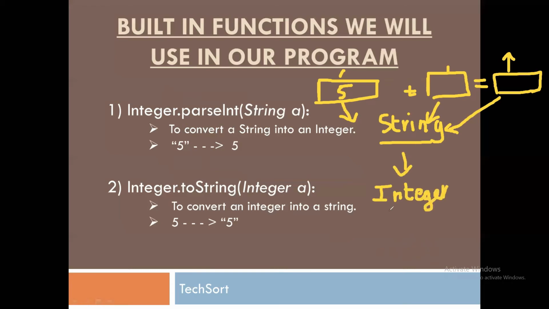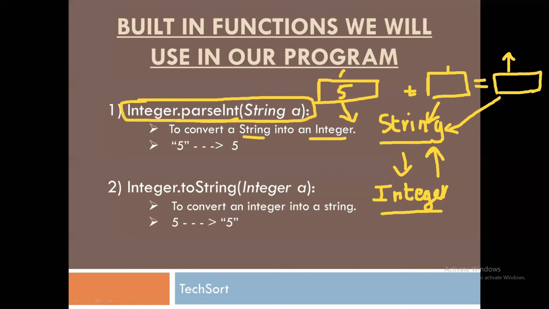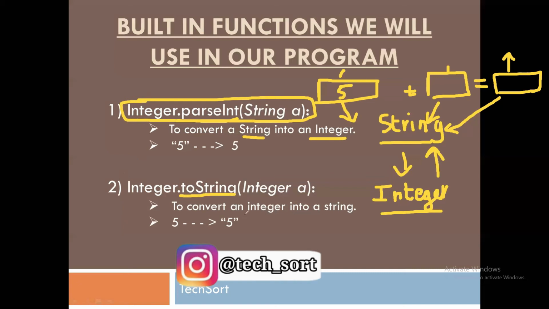Now to convert a string into an integer and an integer to a string, there are two functions, parseInt and toString. ParseInt converts a string into an integer. So we will use this function before we perform our calculation. And toString converts an integer into a string.